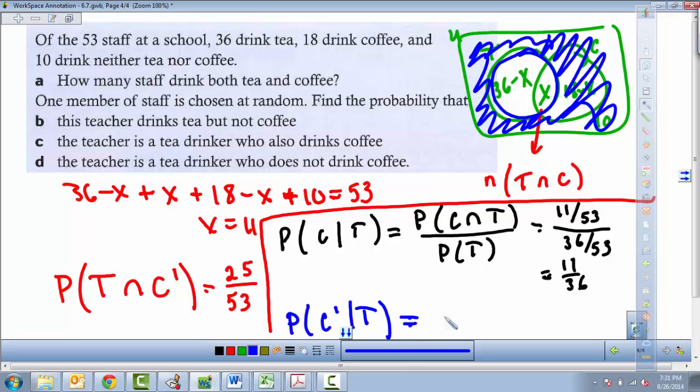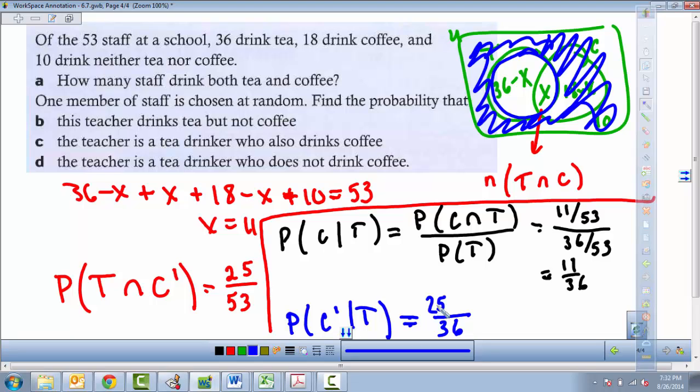So now our possible outcomes is whittled down to 36. And from that 36, we want the ones that don't drink coffee, and that would be the people out here. These people do drink coffee, but the ones that don't drink coffee would be our 25 that do not reside in the intersection. So there is our probability that given we know they drink tea, they don't drink coffee.